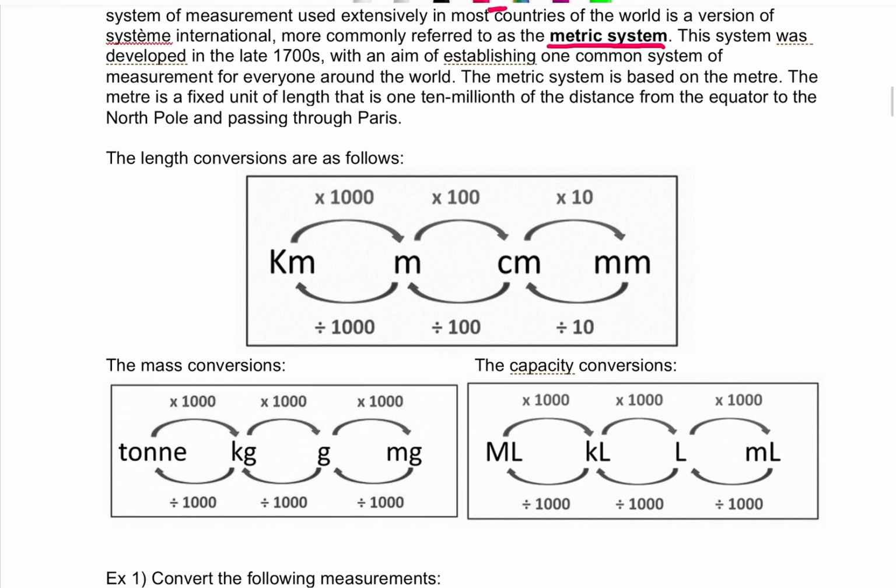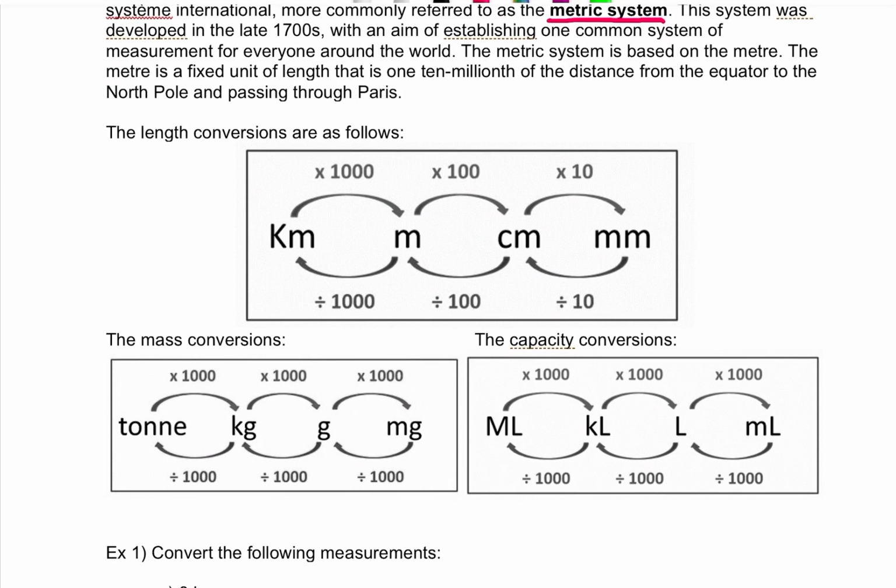Length conversions are as follows. So you have a formula sheet that has these length conversions on them, so you hopefully aren't having to flip back and forth too much, but if you can't find that sheet at any time, you can always go back and reference these. So notice that it depends on which direction we're moving between our units. So if we want to go from kilometers to meters, or meters to centimeters, or centimeters to millimeters, we will always be multiplying.